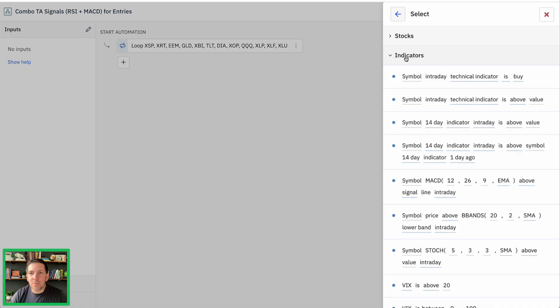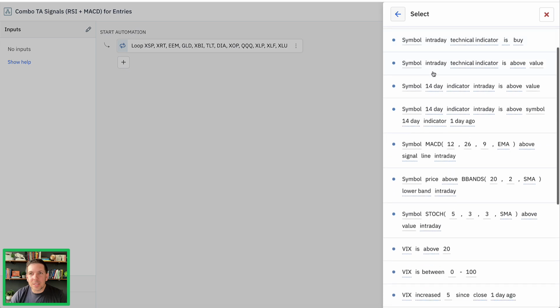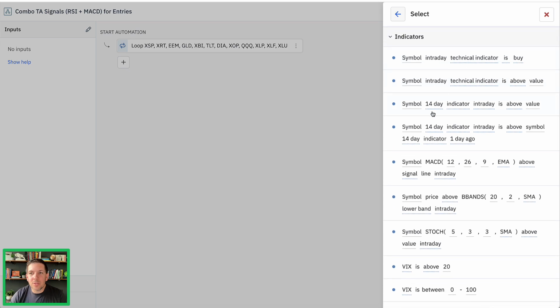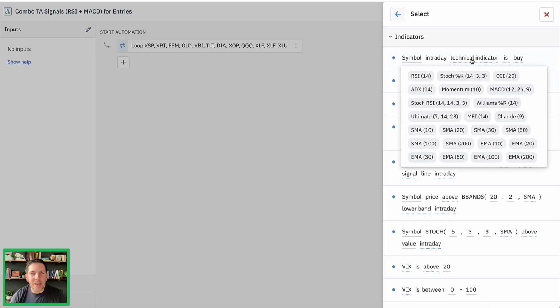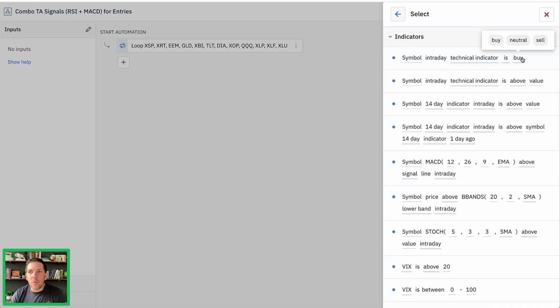Now here is where we go under the folder for indicators, and we have lots of different technical indicators that you can use to incorporate. Now we have some very simple ones where we just use the basic settings for an indicator. So for example, the symbol's intraday indicator like RSI is a buy signal. Now, if you want to get really technical, you can say is an exact value, like is 31 or 57.5 or whatever it is, okay?